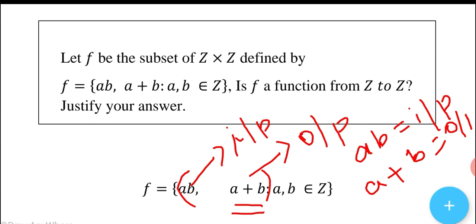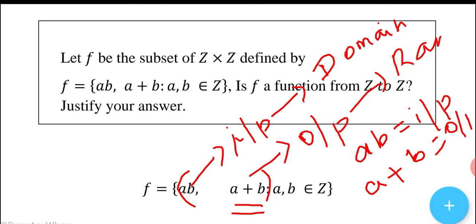Input is also called the domain, and output is also called the range. So the first element is input, the second element is output. Here the first element is ab, the second element is a plus b.